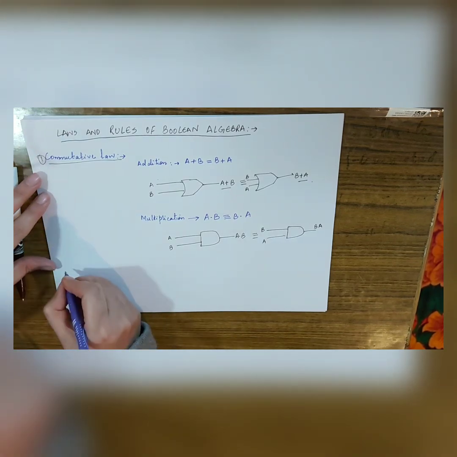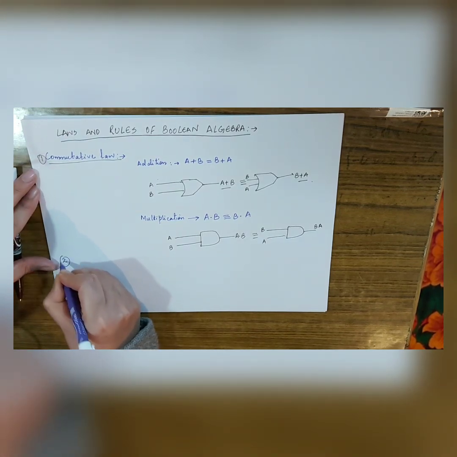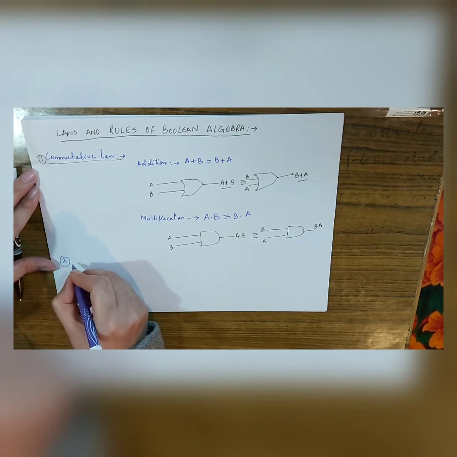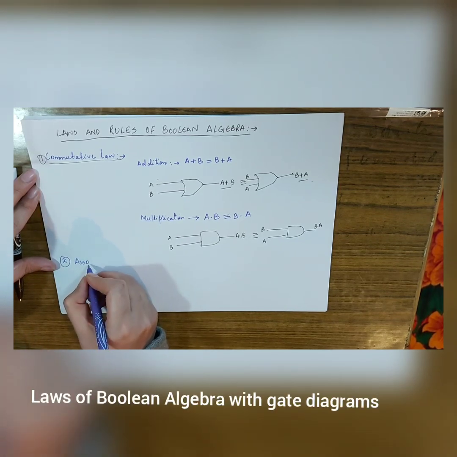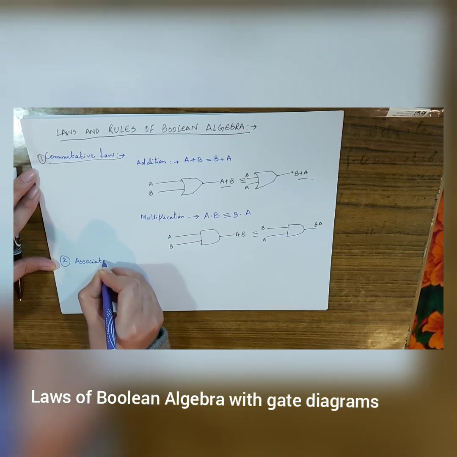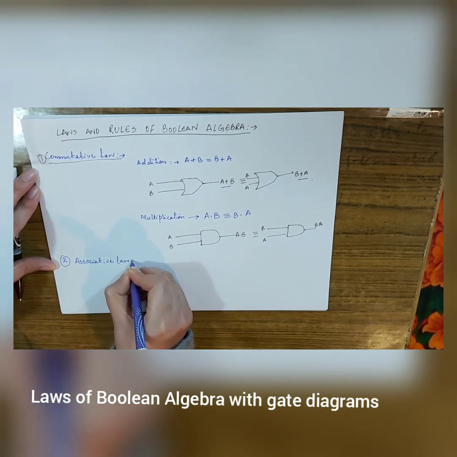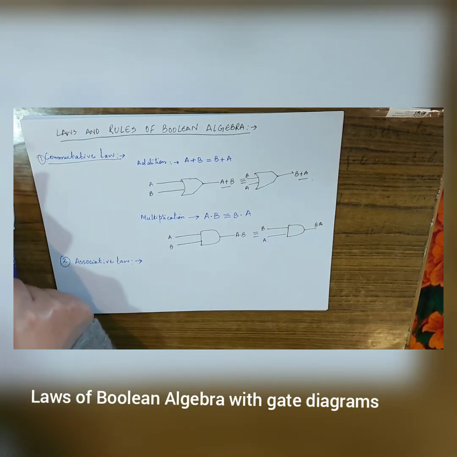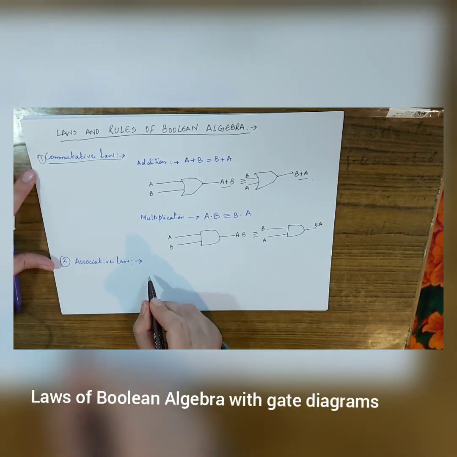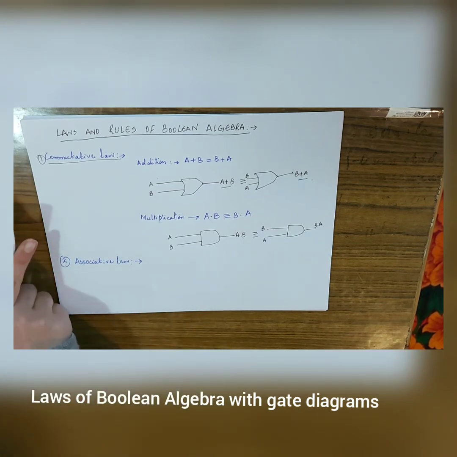Our second law is the associative law. In the associative law, this is also written for addition and multiplication.